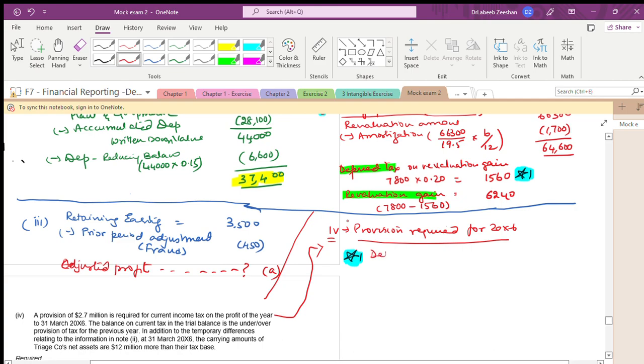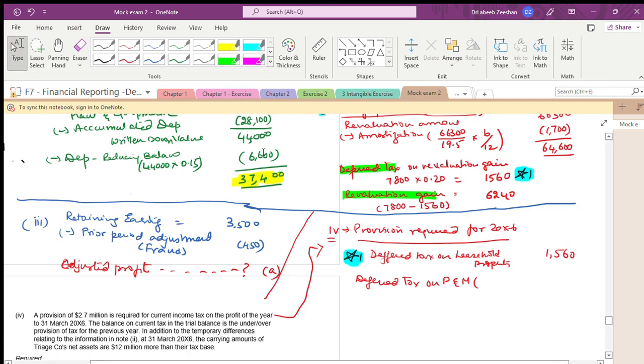Deferred tax on leasehold property. How much is the deferred tax on leasehold property? 1,560. Deferred tax on plant and machinery.